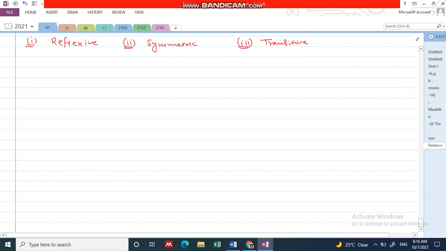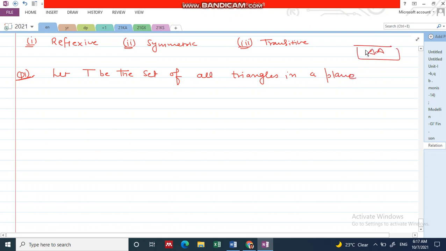Now we see some examples based on equivalence relation. Question number one is this: let T be the set of all triangles in a plane. In a plane, there can be so many triangles like this.